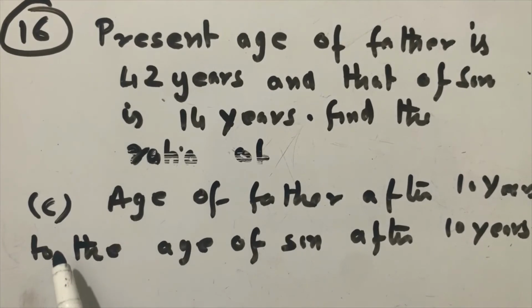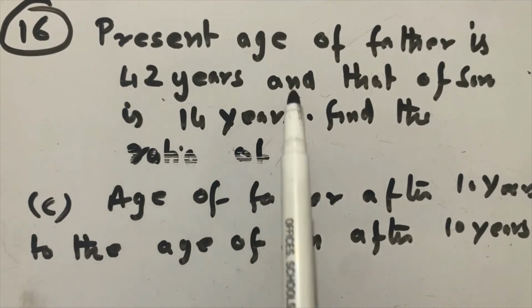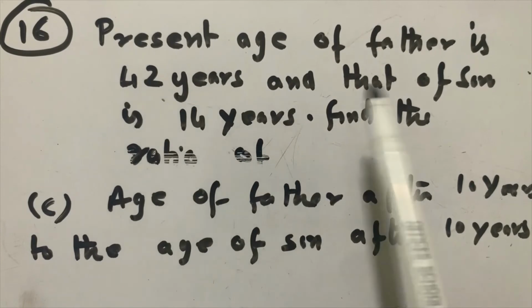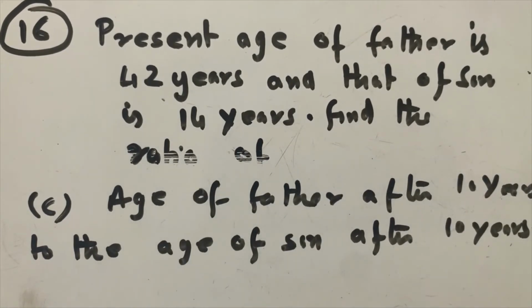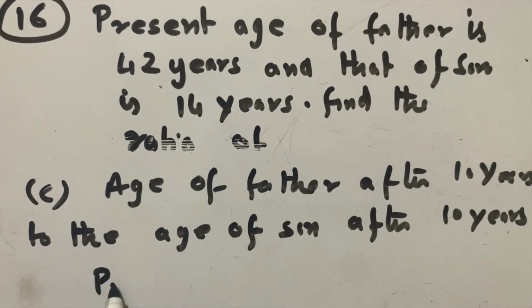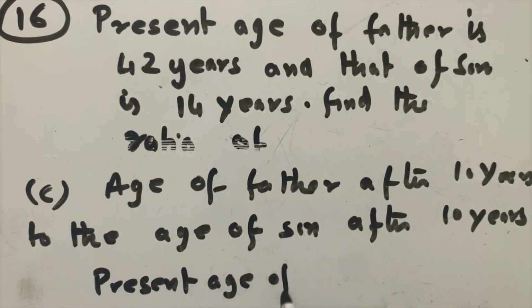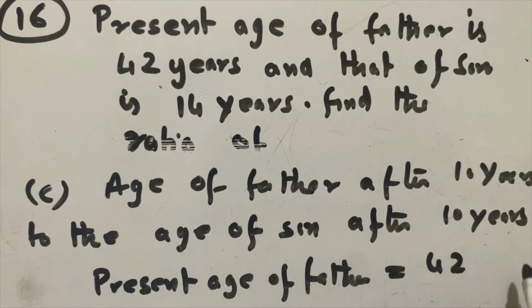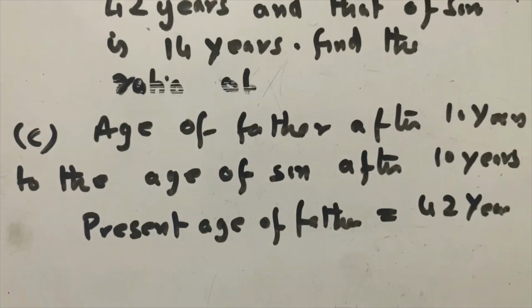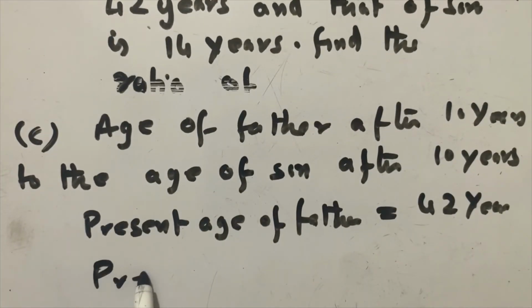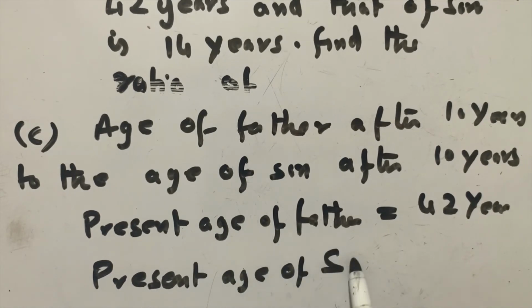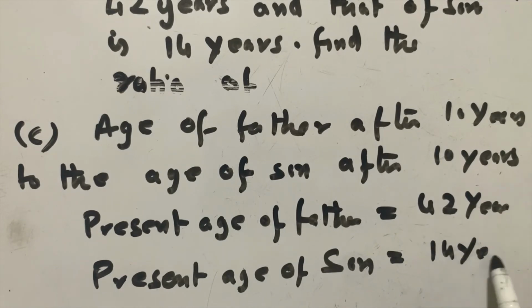Number 16 part C. We are solving. Present age of father is 42 years and that of son is 14 years. Now this present age of father is equal to 42 years, and present age of son is 14 years.